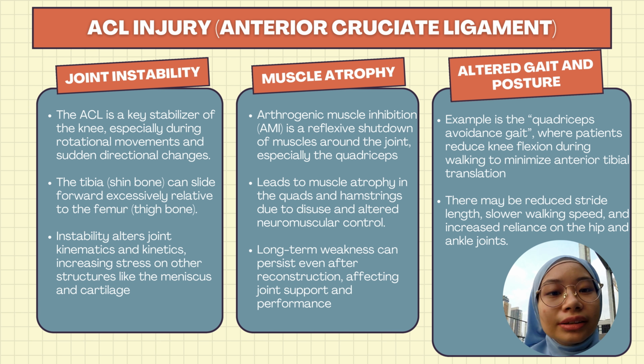And lastly is the altered gait and posture. An example is the quadriceps avoidant gait, where the patient reduces knee flexion during walking to minimize anterior tibial translation. There may be reduced stride length, slower walking speed, and increased reliance on the hip and ankle joints.